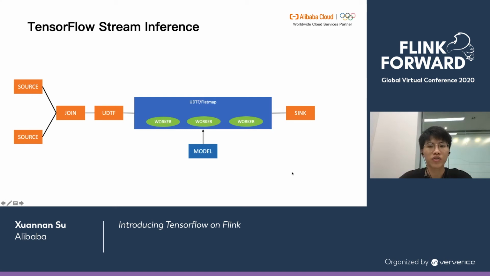Therefore, the worker runs as a Java process. In this case, we don't need inter-process communication between Python and Java. As a user, you only need to provide the model and specify how many workers you need. The inference result will be sent to the downstream operator.